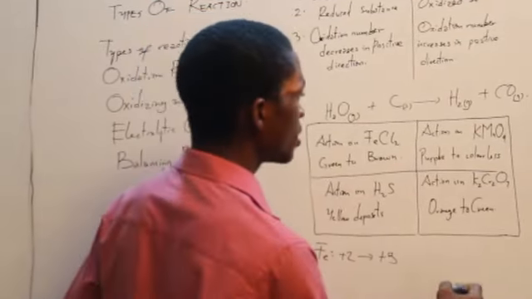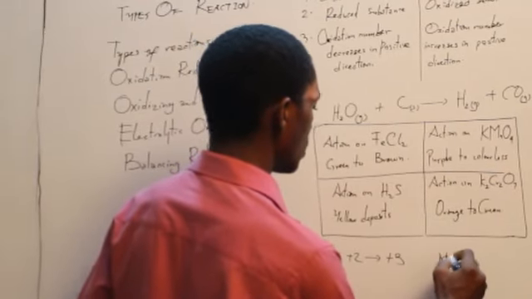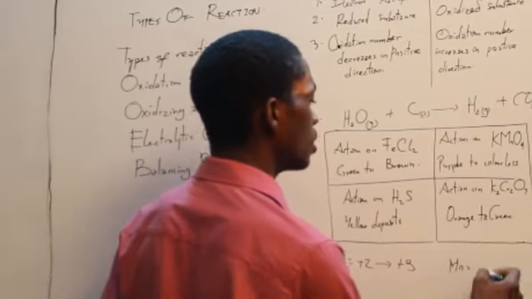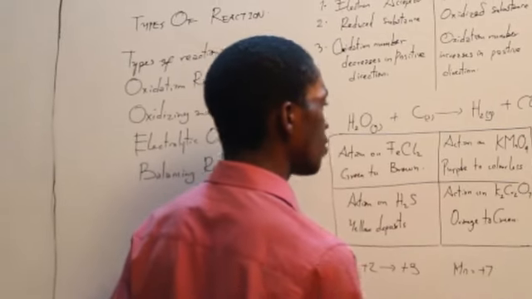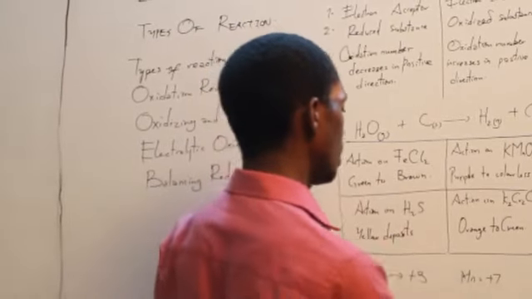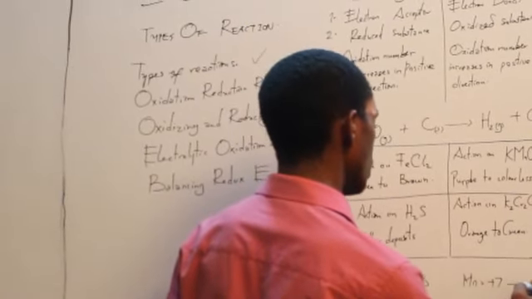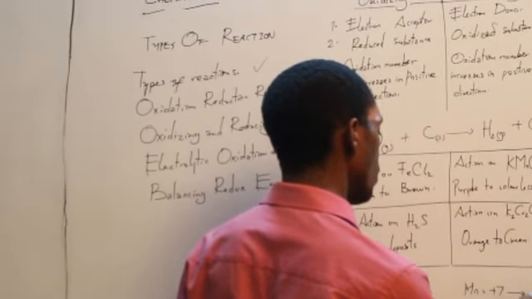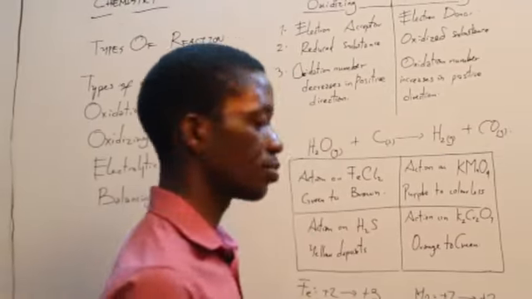But in this place, manganese, which originally had an oxidation state of +7, gains electrons and then reduces to an oxidation state of +2.